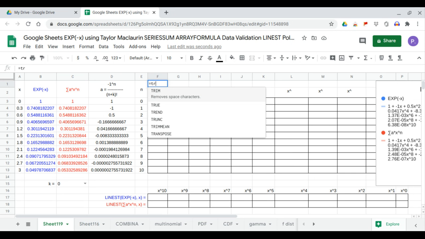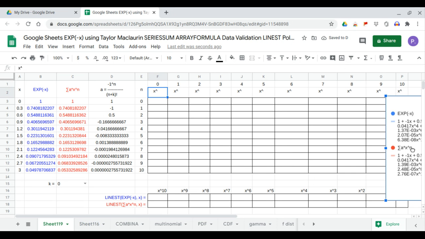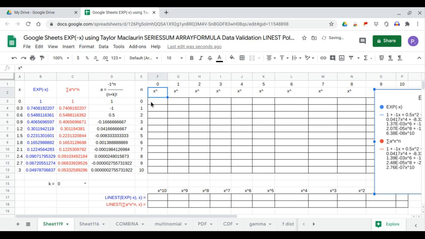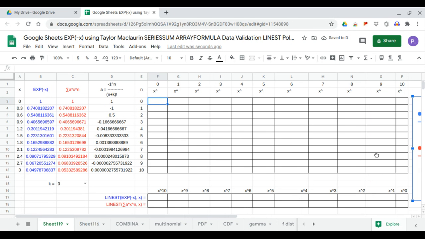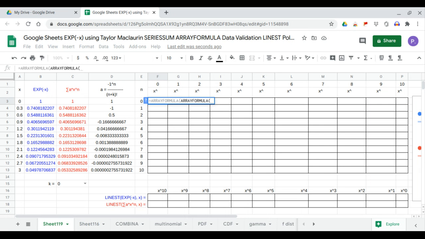So transpose from 0 to 10. So the rows and columns are the same. That means there's no degree of freedom. Now we calculate the complete 1, x matrix, array formula of the x values raised to the power 0 to 10.